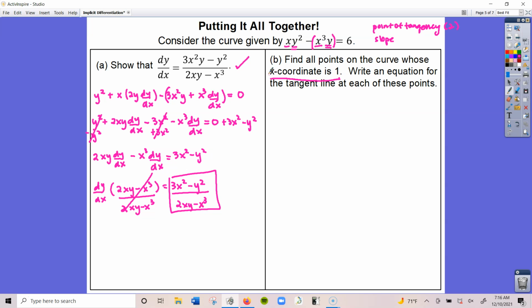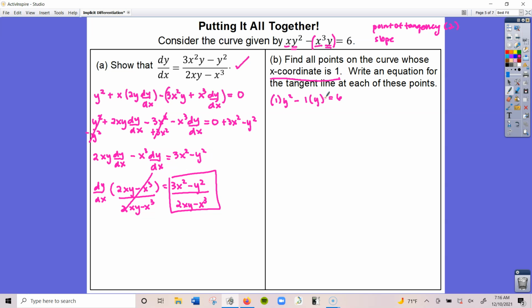So we're going to plug in x is equal to 1. So when I do that, I get 1. Remember, we're plugging it in here to solve for y. We get 1 times y squared minus 1 to the third, which is 1, times y is equal to 6.